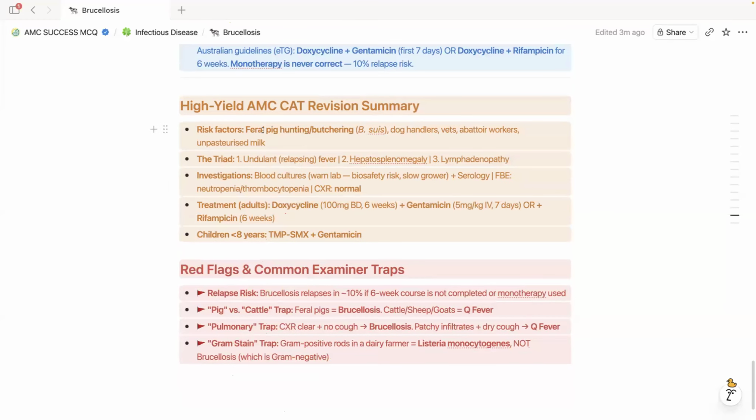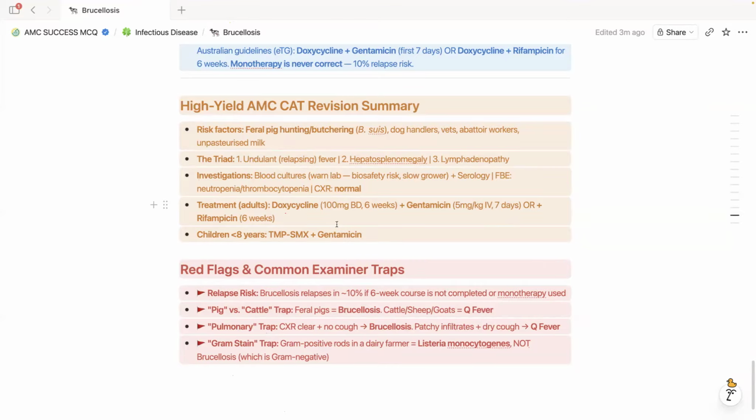Summary again: think of feral pig hunters, veterinarians, dog handlers, unpasteurized milk. The triad is undulating relapsing fever, hepatosplenomegaly, and lymphadenopathy. Investigation is blood culture, initial serology, FBE showing neutropenia and thrombocytopenia, and the chest X-ray would be normal.